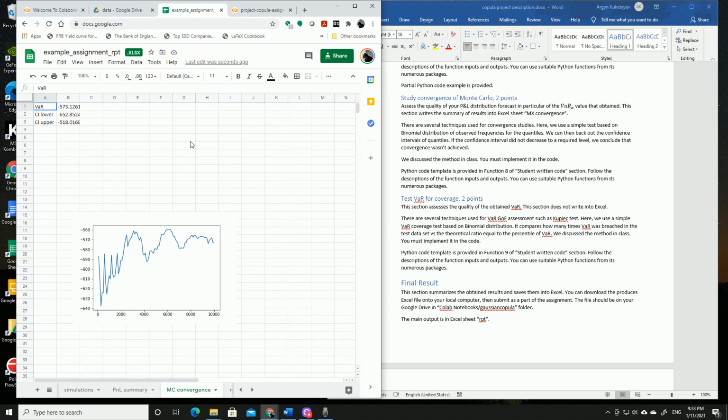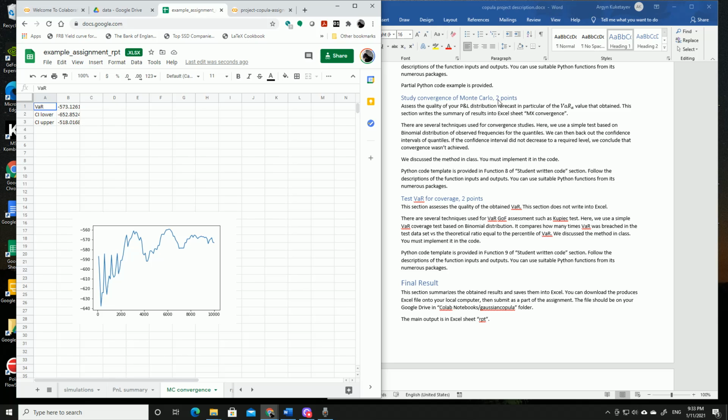In this case, for example, I used only 10,000 simulations. You see it's very jumpy in the beginning, but towards the end it seems to be converging to something. It's less jumpy, it's not moving by as much, it seems. But we have to study this. Is it really going on, or is it just a visual trick? That's what this part does.